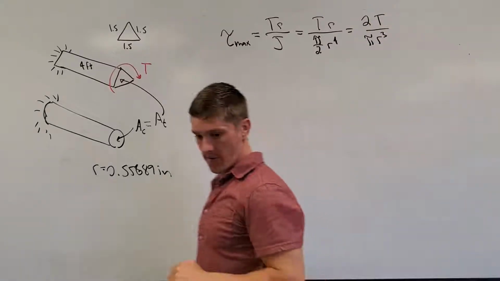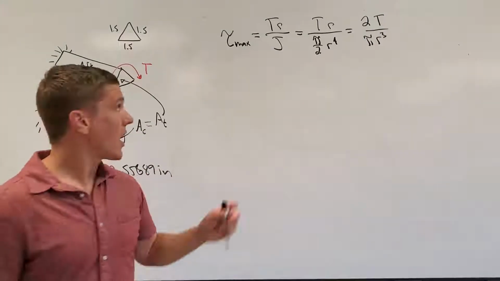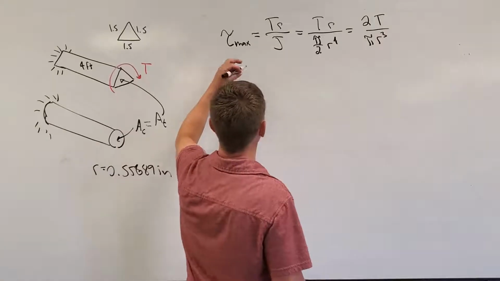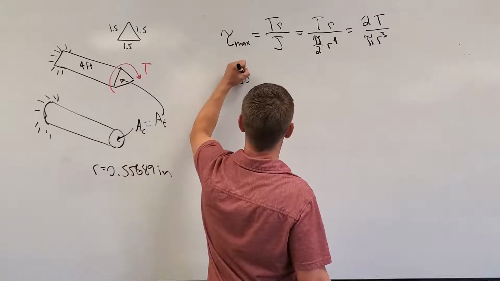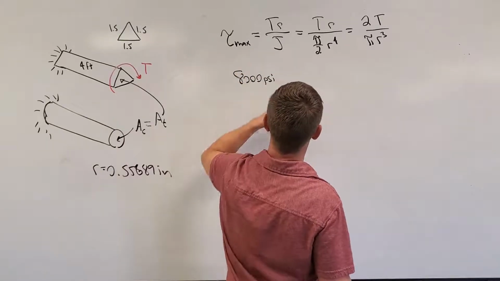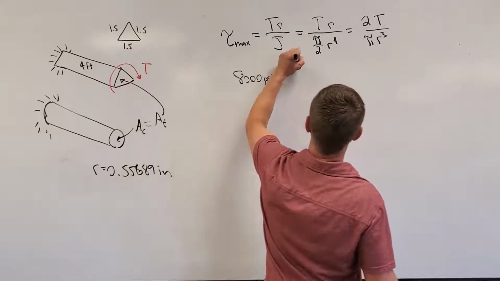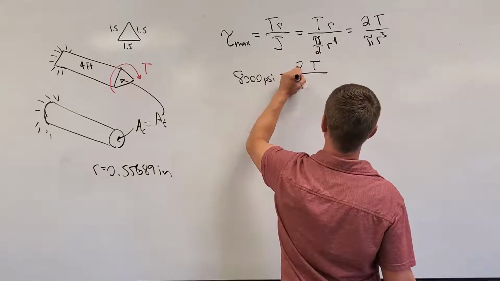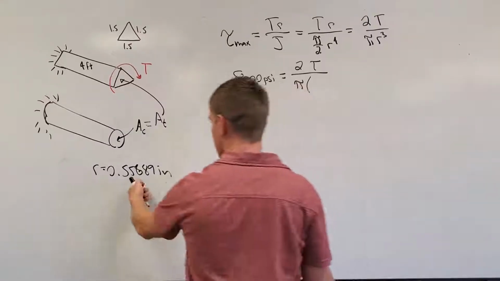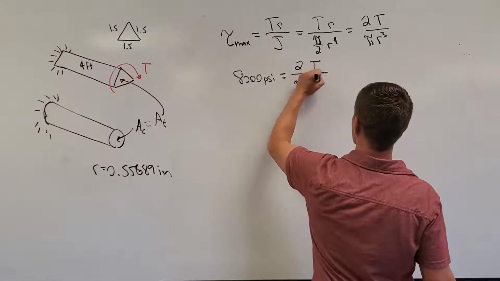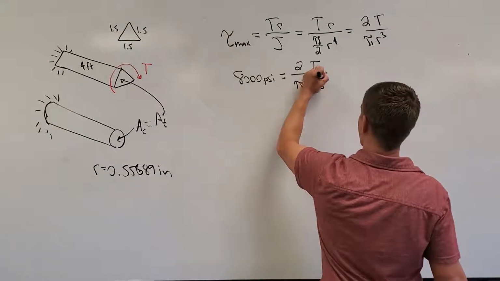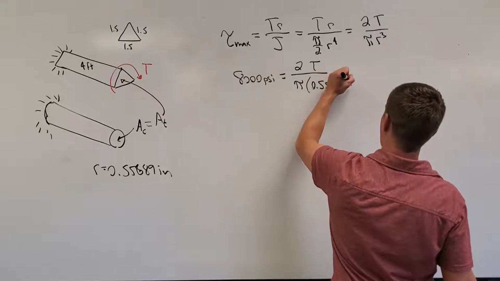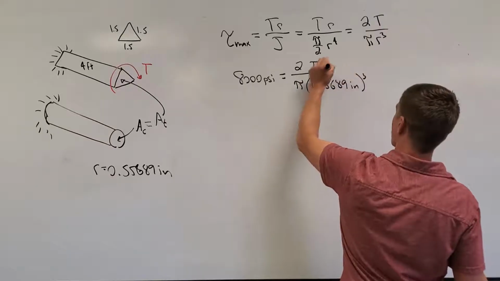When I simplify all that out, we said that our maximum allowable shear stress was 8,000 psi, as was given by the problem. It's going to be equal to 2 times T over pi times our radius of 0.55689 inches cubed.